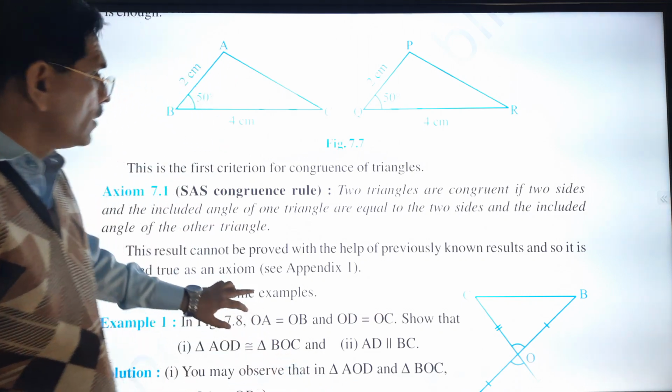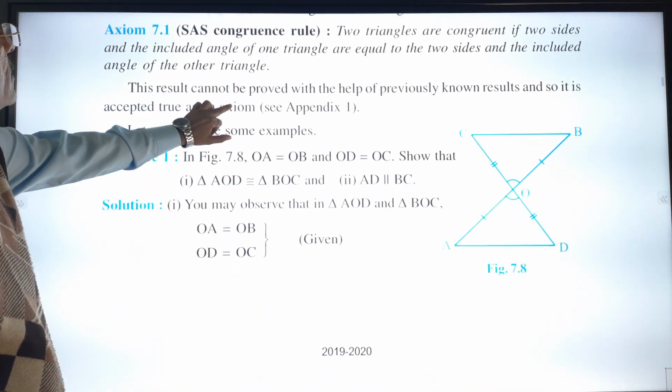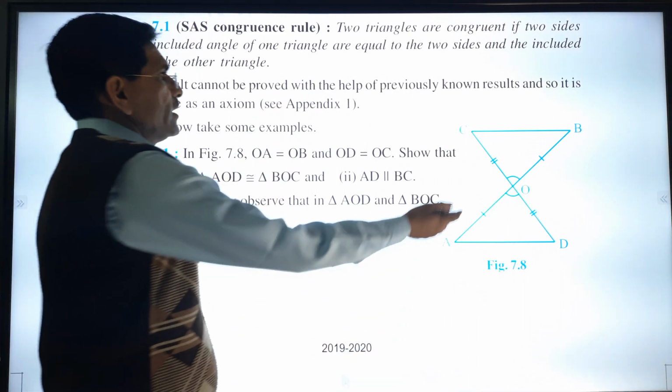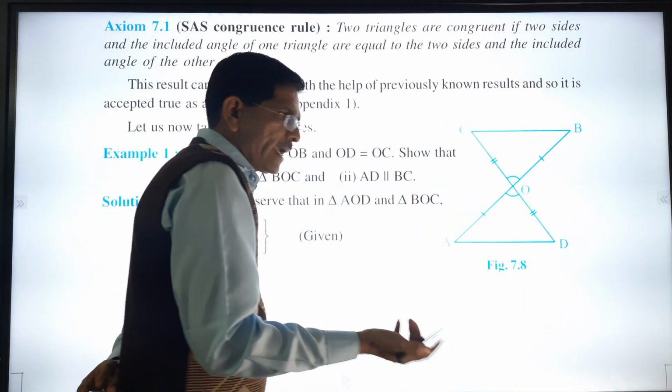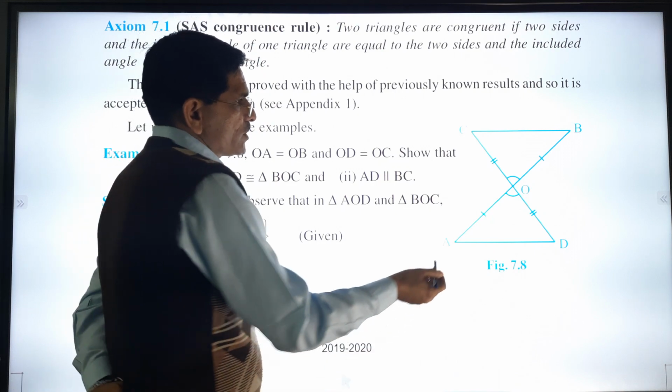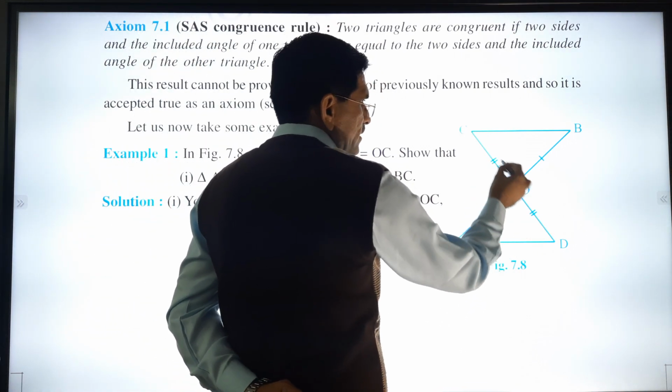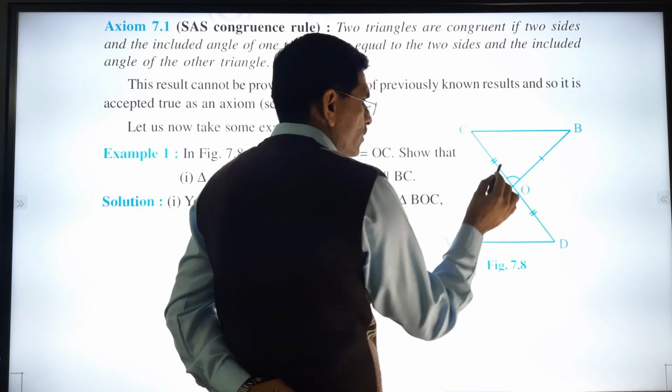One more discussion related with it. So here one question is there. Prove that these two triangles are congruent. We can easily prove it because you will see that opposite angles are equal. Here these are the two sides, again here two sides.